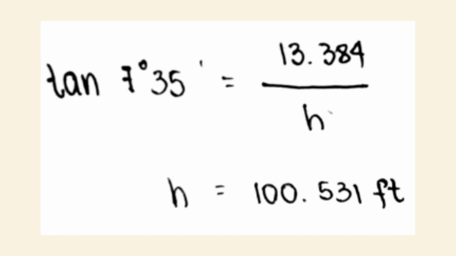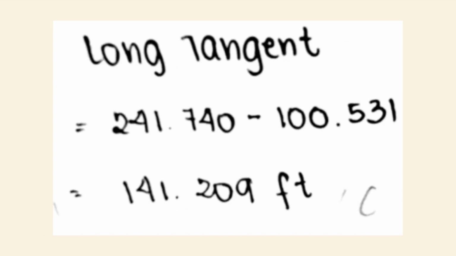So solving for h, we have tangent 7 degrees 35 minutes is equal to 13.384 over h. Solving the equation, the value of h now would be 100.531 feet. So for the length of the long tangent, we just need to subtract the value of h from the given 241.740. So the length of our long tangent would now be equal to 141.209 feet.